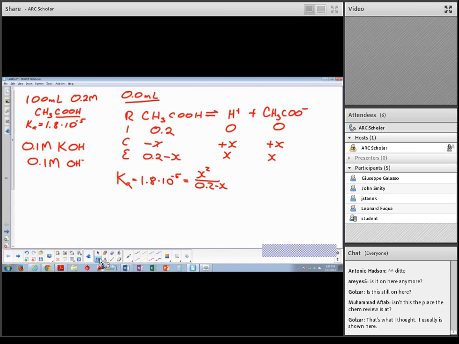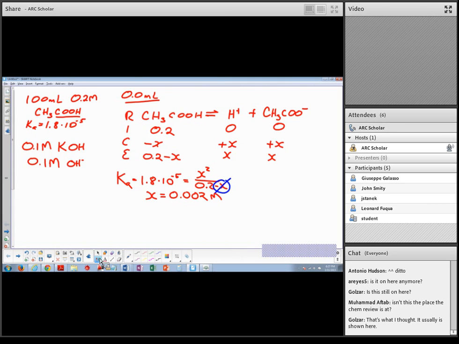Right now, if we were to just ignore it, we have 1.8 times 10 to the minus fifth equal to x squared over 0.2. Assuming that minus x doesn't matter, what does x come out to be? 0.002.